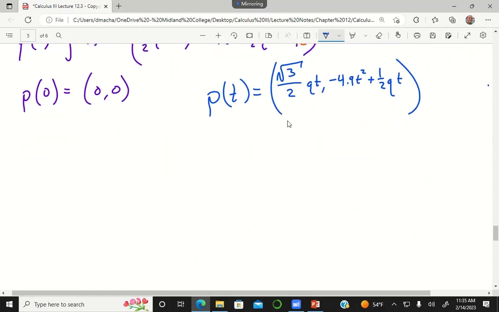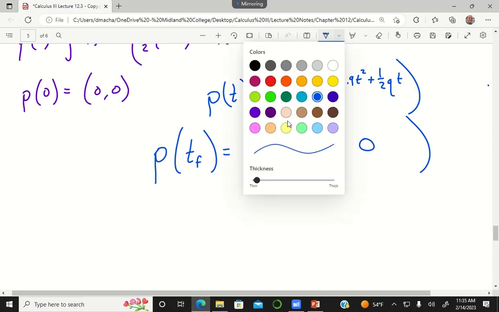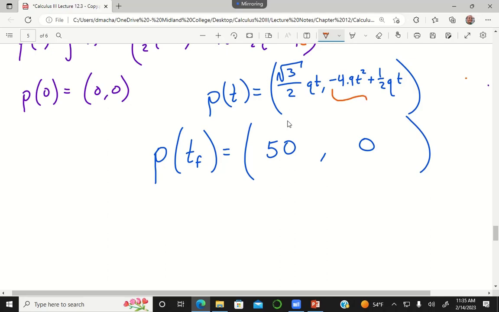If I want to find that final time, let me try another approach here. Whenever I'm talking about my final time, T_F, that should be a position where the x component is 50 and the y component is 0. That means if I set this component of my function equal to 0, that's another way I could discover the final time.